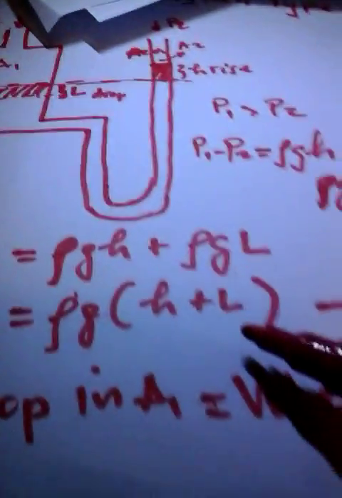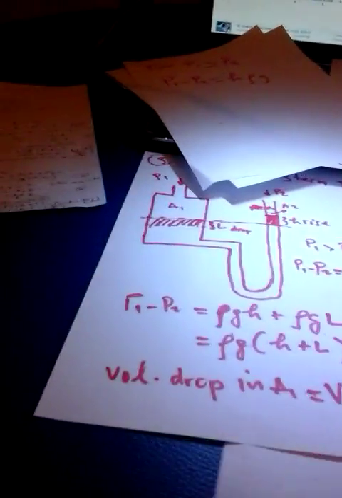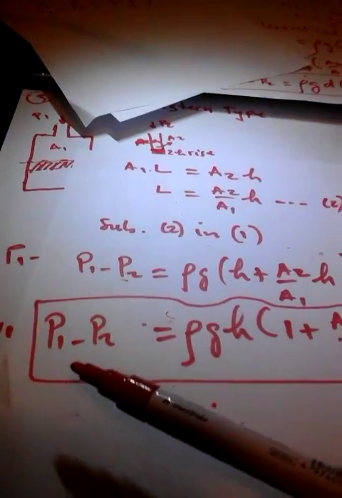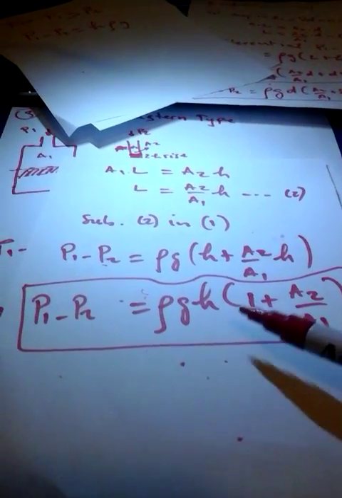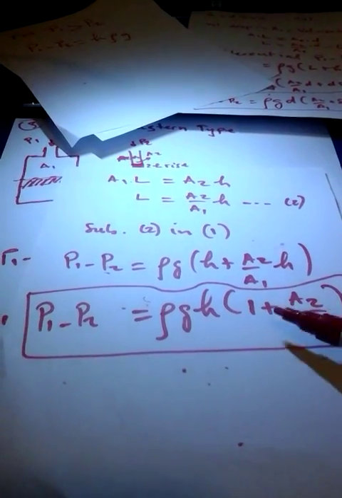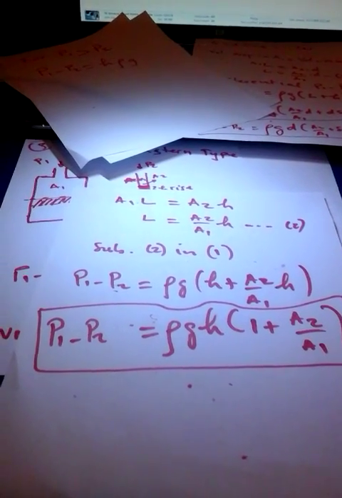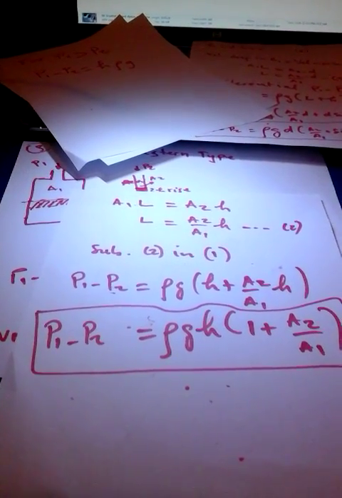Now we can substitute equation 2 in 1, which means we substitute L in equation 1 by this formula. We can come up with this last equation, where now your P1 minus P2 will be rho g H multiplied by 1 plus area 2 over area 1. This is also to remember. Thank you, and good luck to all.